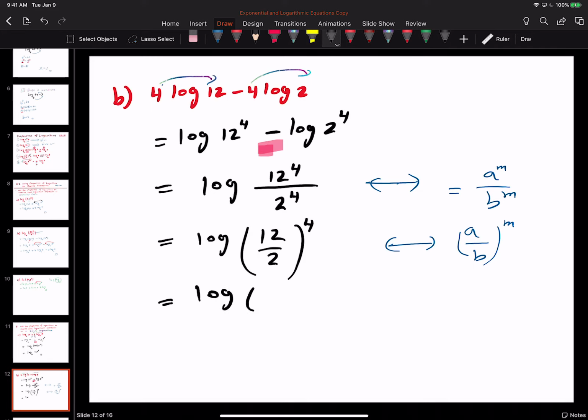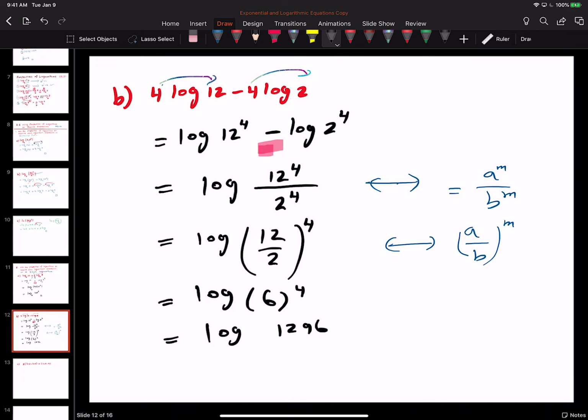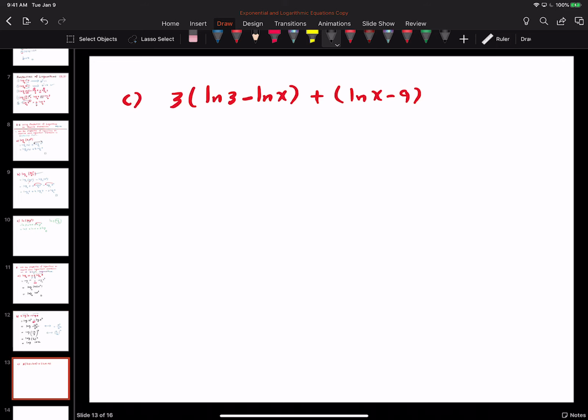So we have log 6 to the power 4. 6 times 6 times 6 times 6, and that should give me the answer. 1296.